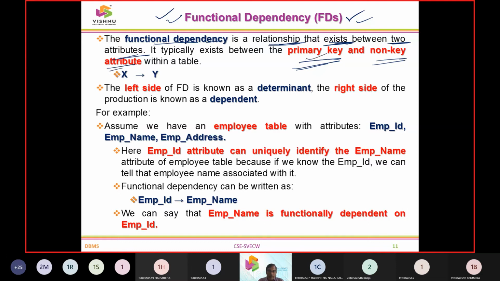So a functional dependency is a relationship that typically exists between a primary key and non-key attributes.